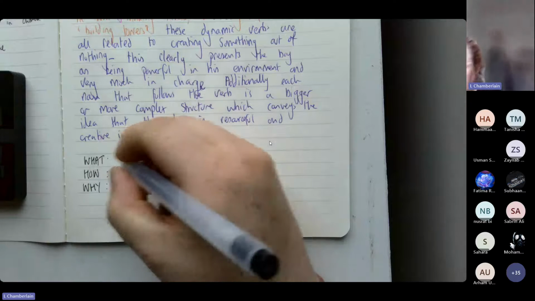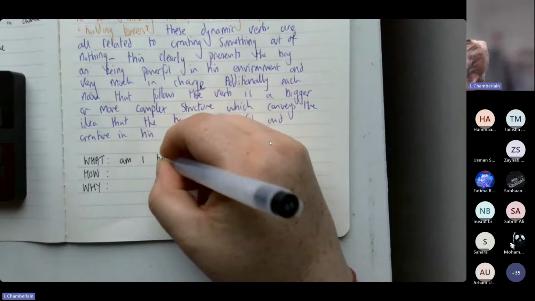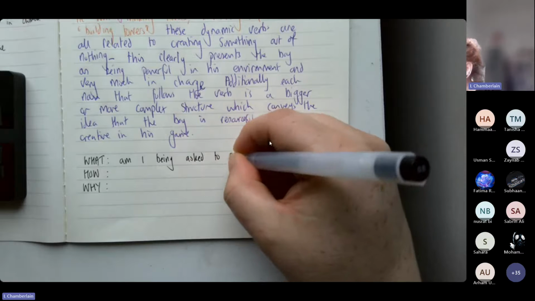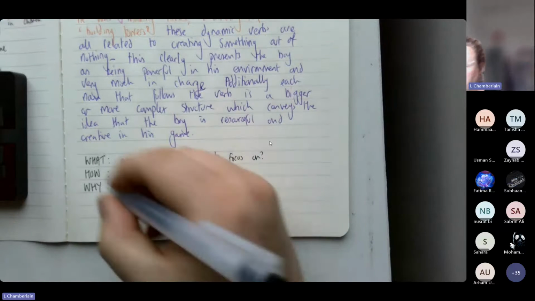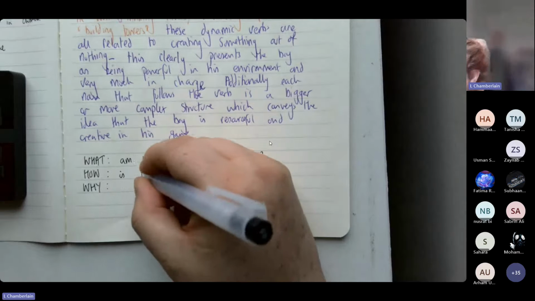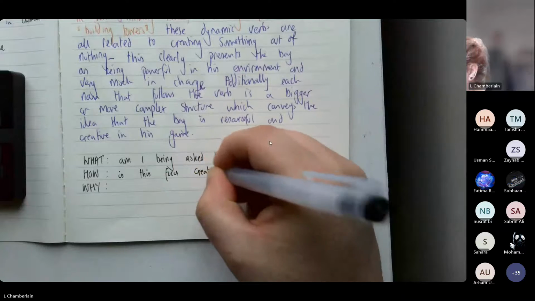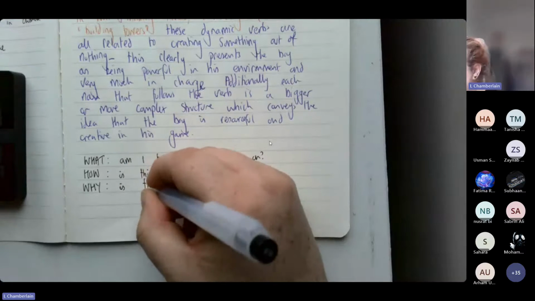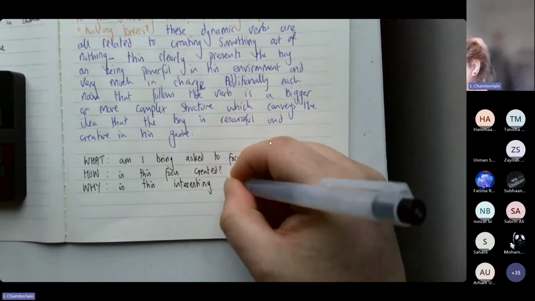So what you're thinking about here is, what am I being asked to focus on? So what's the writer holding your attention on? How is this focus created? And then why is this interesting to the reader?